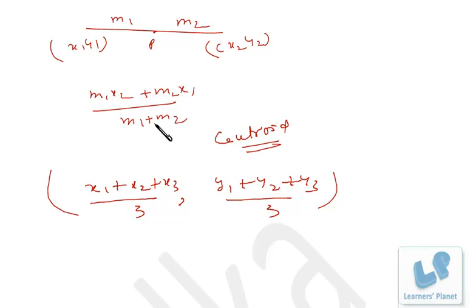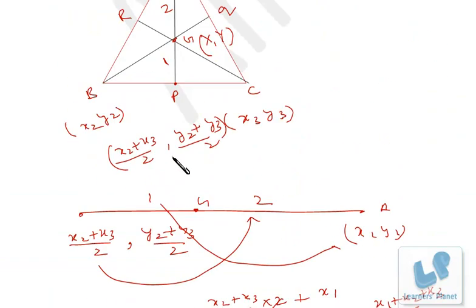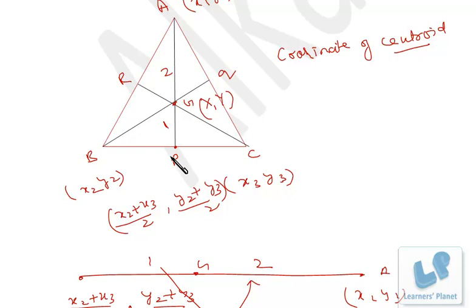Direct question can also be asked, find out the coordinates of centroid for a given triangle. Then you can use this particular method, right? And while you are taking the line CR, you take the midpoint of AB as R, then the coordinates of R will be x2 plus x1 by 2 and y2 plus y1 by 2. In the similar manner, if you find the coordinates of centroid, you'll be getting the same expression once again.